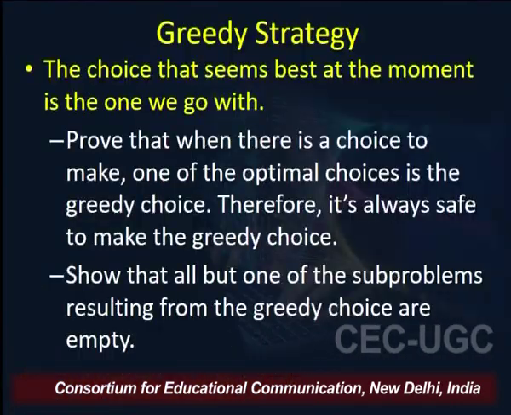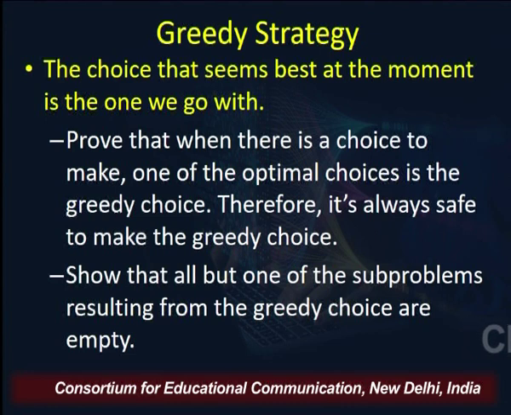So it is always safe to make a greedy choice. And we can also show that all but one of the sub problems resulting from the greedy choice are empty. In this way we are going to construct the whole solution.